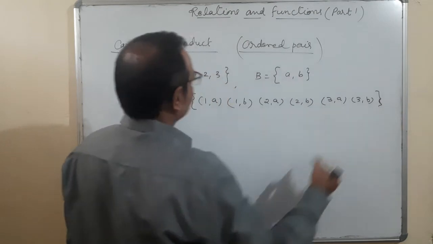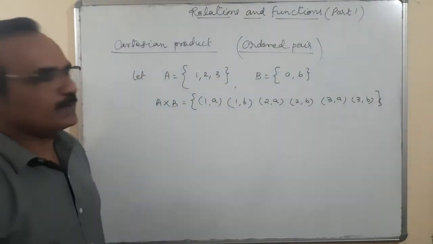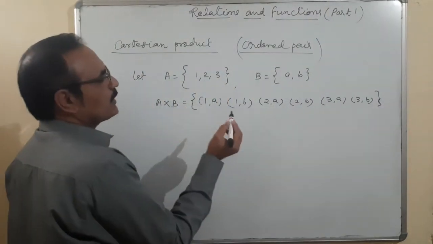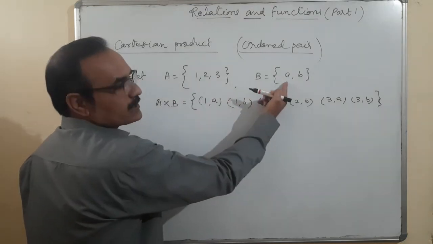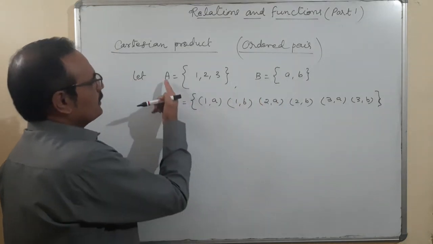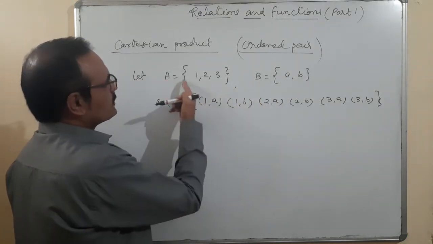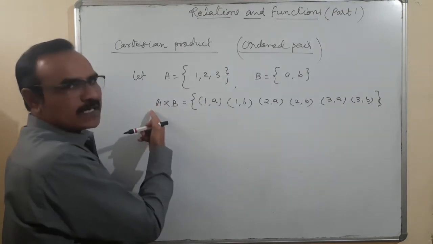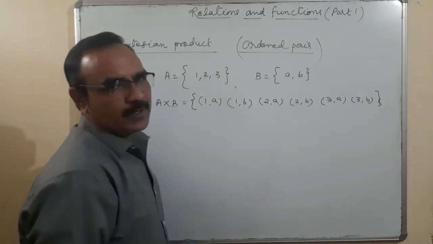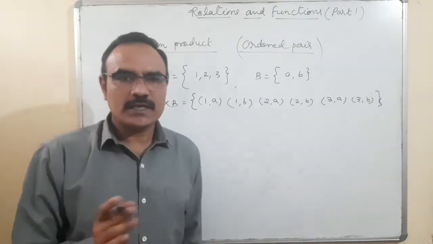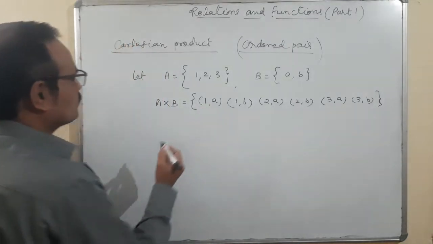Is it okay? A cross B. Have you understood it? 1a is a pair in order because the first element is coming from the set A and the second element is coming from the set B. You will not disturb this order. So what to write here?